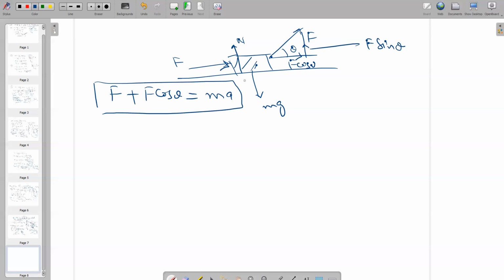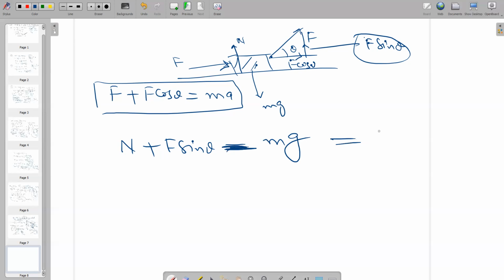The second equation is upward forces equal to downward forces. So the upward forces are what? N is upward. And this component is also upward. So N plus F sin theta upward. Who is downward? mg. Or you can write N plus F sin theta minus mg is equal to ma.